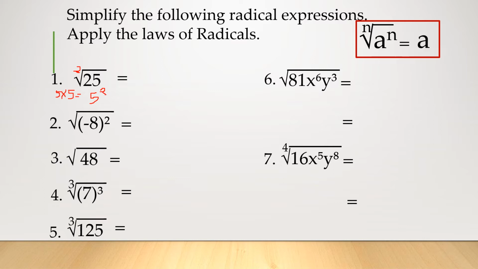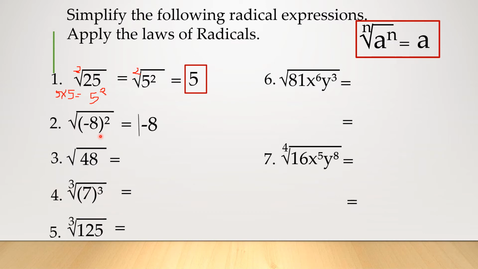So therefore, in exponential form, 25 is equal to 5 squared. So that's the first step, rewrite in exponential form. Now, understood the index here is 2, so we can now apply this law of radicals, which means the answer is equal to 5.